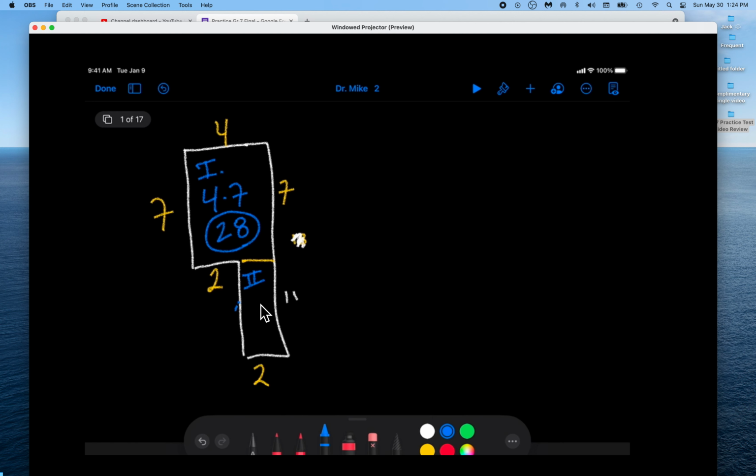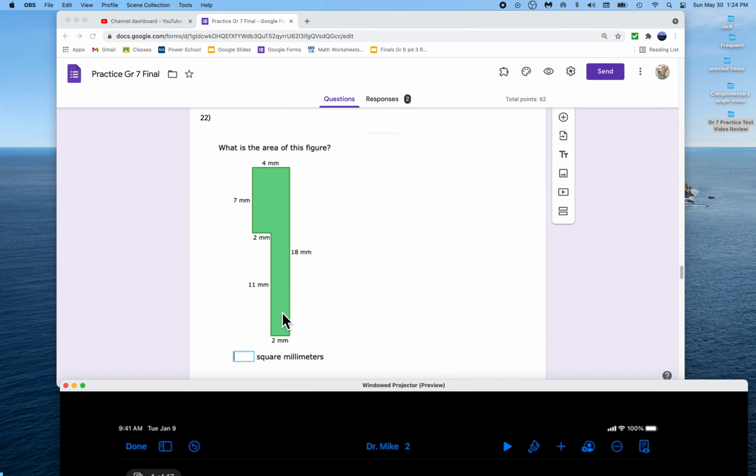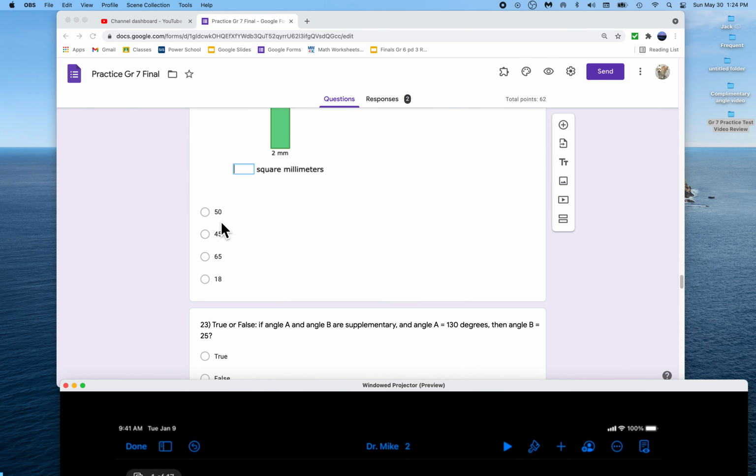Roman numeral 2, 2 times 11 is 22. Total is going to be figure 1, 28, figure 2, 22. Answer's 50. There it is right there.